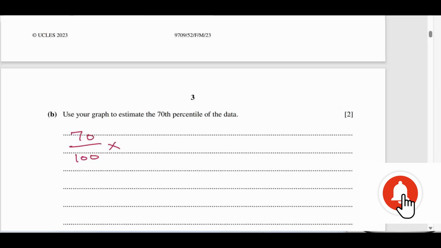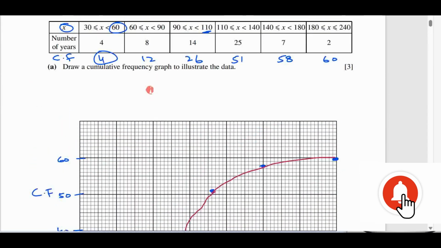The next part is: use your graph to estimate the 70th percentile of the data. Now 70th percentile means 70 divided by 100 multiplied by the highest cumulative frequency. Now from here we can see that the highest cumulative frequency is 60.